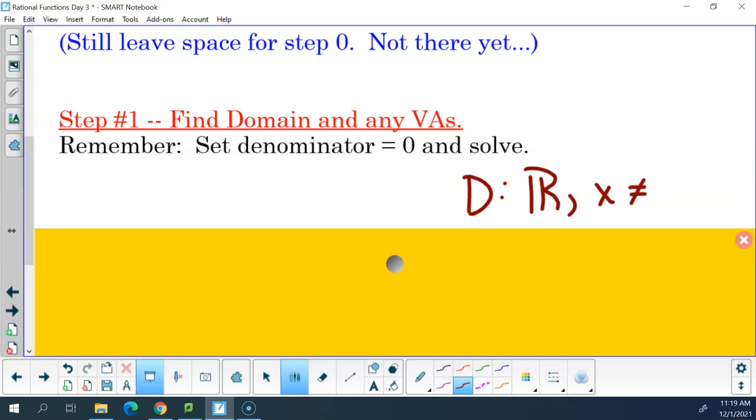So write that right on there. The capital D, colon, all real numbers with the funky R, comma, x doesn't equal, and then you fill in the whatevers.